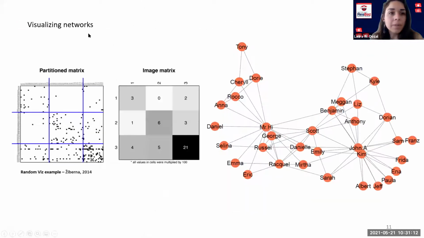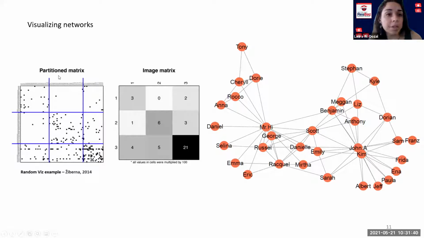Okay, so visualize networks, just an overview. The network on the left is what we just went through, and the network on the right is another way that network analysis visualizes data or networks.